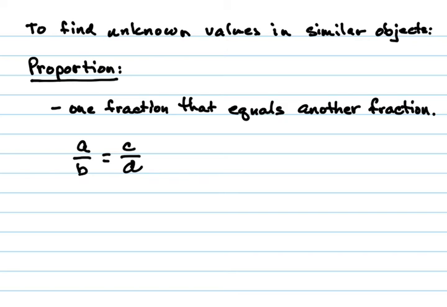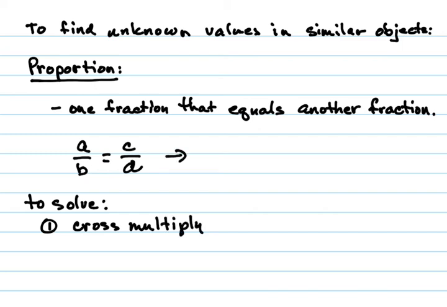And to solve it, first, you're going to simply cross multiply. So for an example, in this one, I would take my A times my D and my B times my C. Sorry, y'all aren't used to the dot.